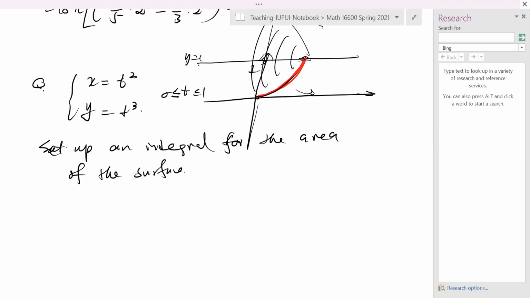Step 1, remember, choose a point on the curve, draw the radius, express the radius in terms of x or y, then you can express it in terms of t. Then the integral will be 2 pi r ds. Okay, so please do it.